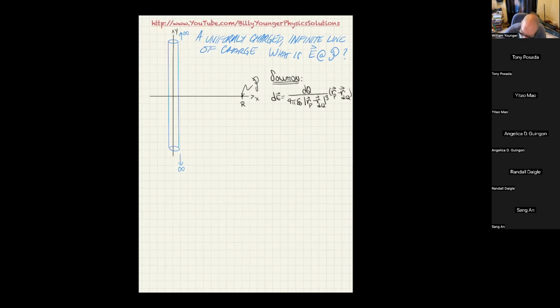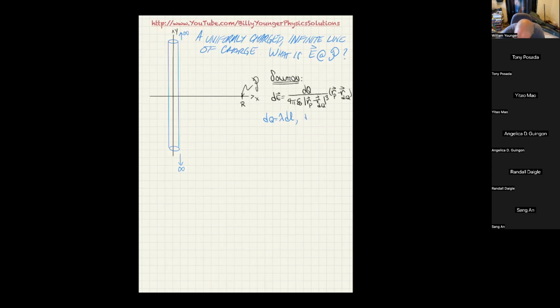Well, we're going to do the same thing here. So I'm going to give you that little caveat that dq can equal lambda dl. That's in case you're dealing with something that behaves like a one-dimensional distribution of charge, in other words, it only has a dimension, say left and right, or in this case, up and down.